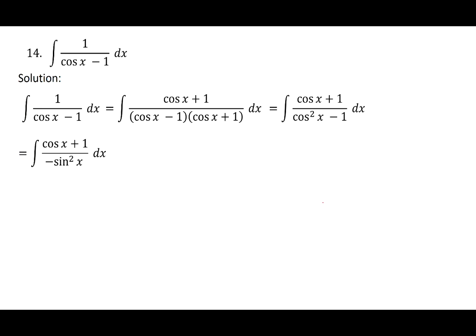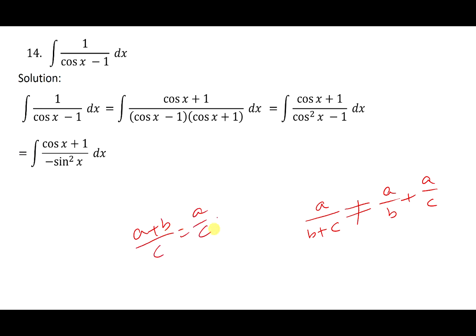No. Here is what I said you can't do. I said a over b plus c is big time not equal to a over b plus a over c. But did I tell you that you can't say this? A plus b over c is a over c plus b over c. Is that okay? Perfectly okay.